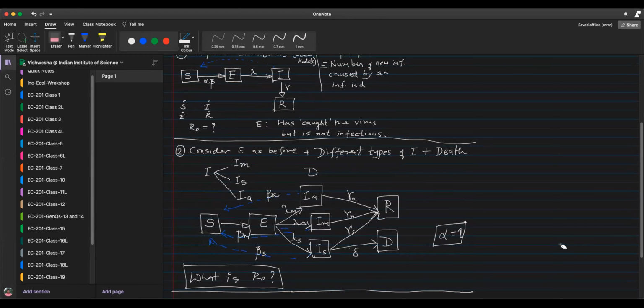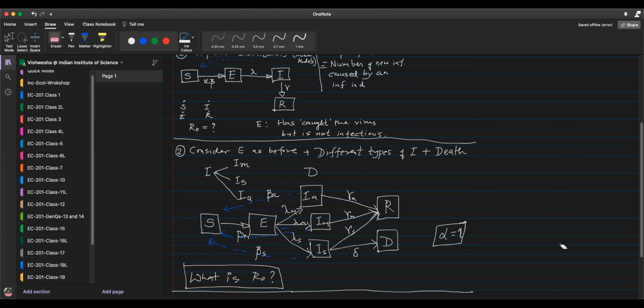For example, should you add one more compartment that distinguishes, even within severe, somebody who needs only oxygen support, whereas some other proportion will need ICU support also? Whether you want to distinguish the two or not depends on the purpose of your modeling exercise.